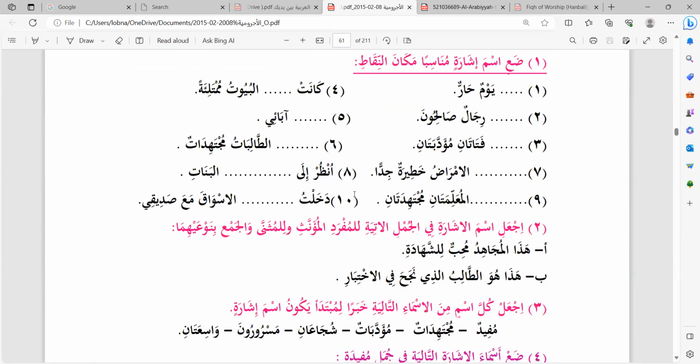And what's the next one? دخلت الأسواق مع صديقي. I entered, I'll translate it in English and you tell me what's going to be the word. I entered these shops with my friend. Remember, this is غير عاقل. I want to indicate something that's close.